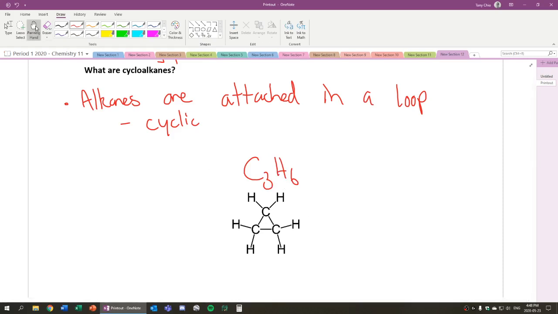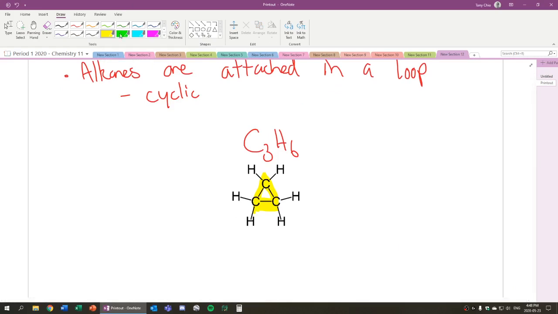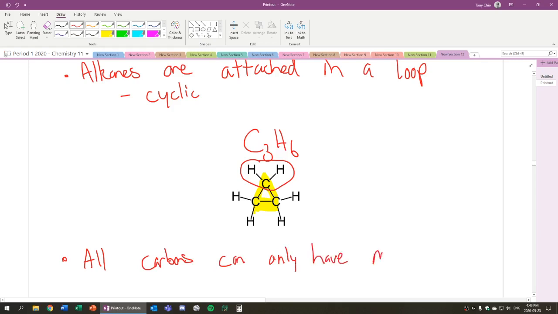As you can see, each of the carbons is connected in a cycle. What you notice is that in a cycloalkane, each of these hydrocarbon groups are all attached as CH2. All carbons can only have max CH2 in the cycle.